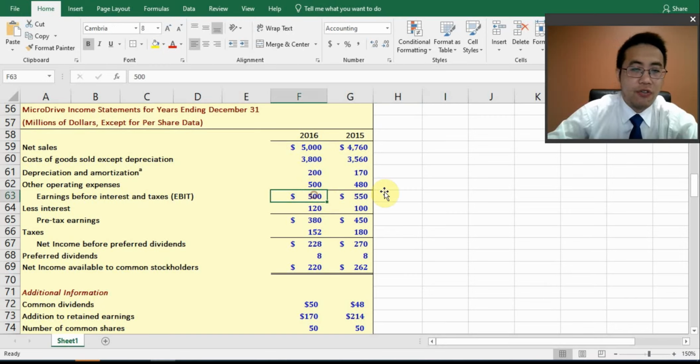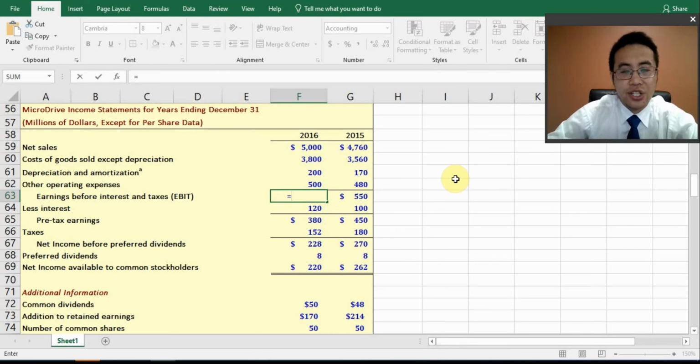So the very first formula you're going to put in here for the income statement is EBIT, earnings before interest and taxes. And we also call this operating income or operating profit. So this is the income or profit from the operating side, from selling things and having all these expenditures.